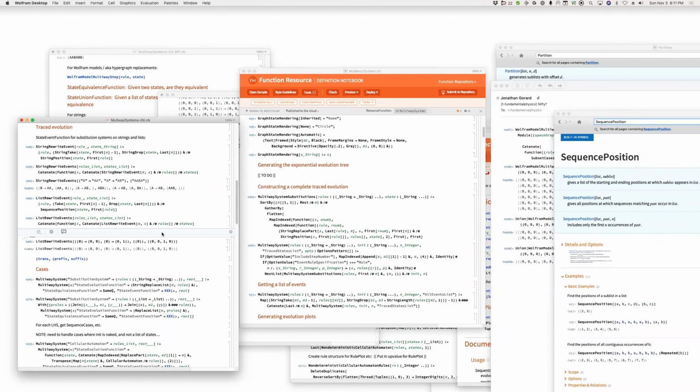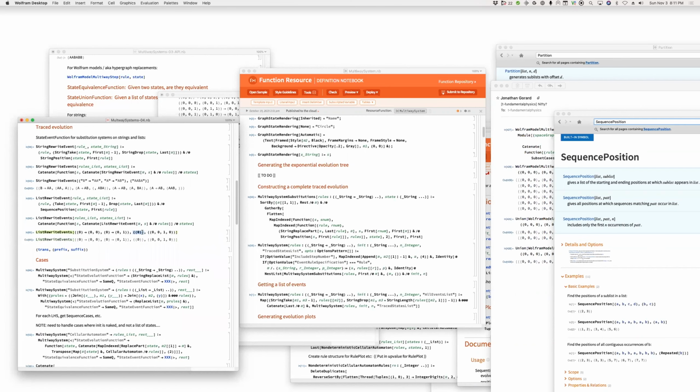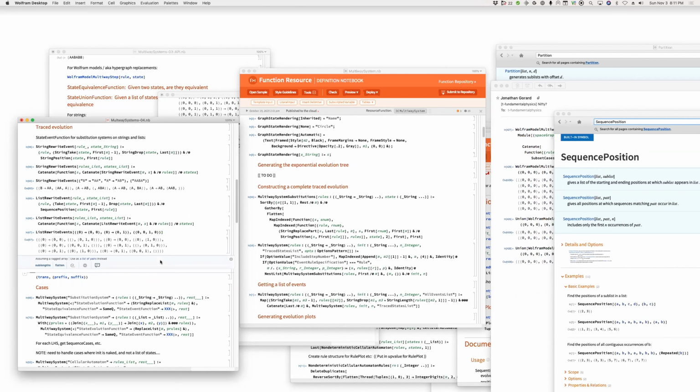Why is that one of values? Why have you got two? I got two things there, arguments. That looks right.